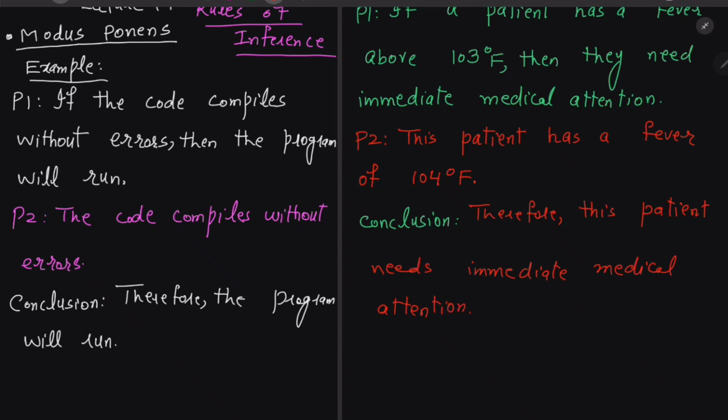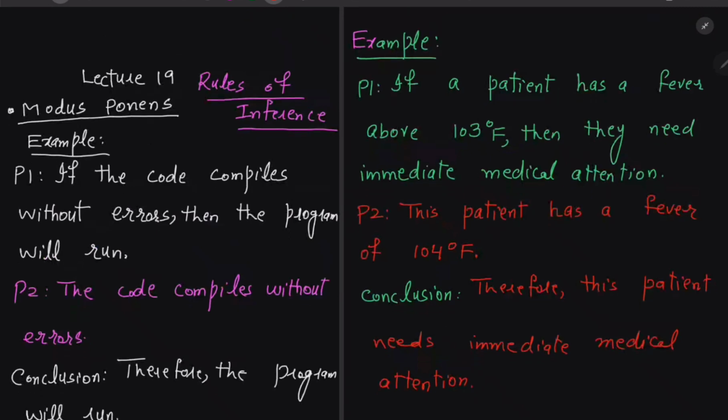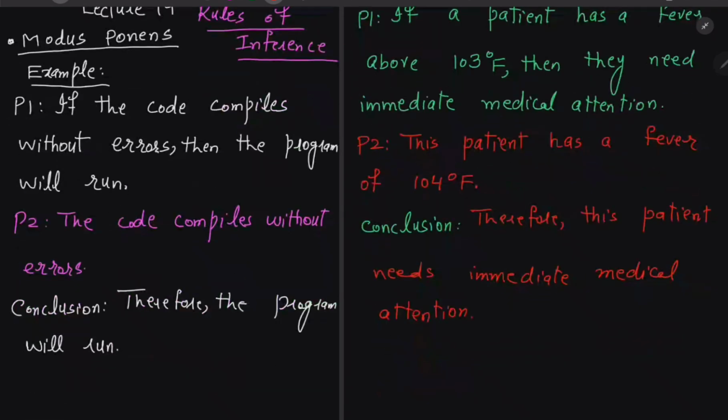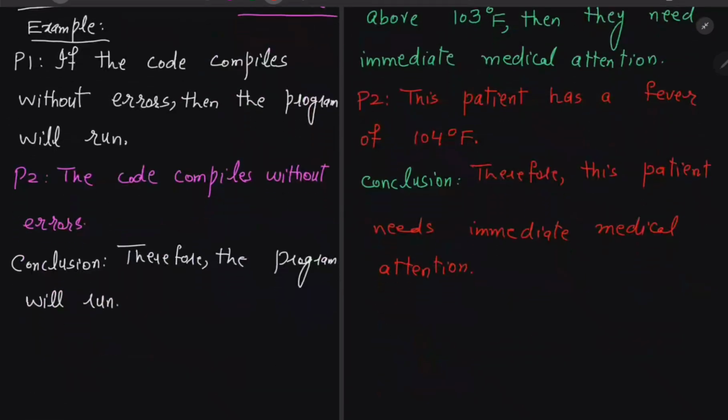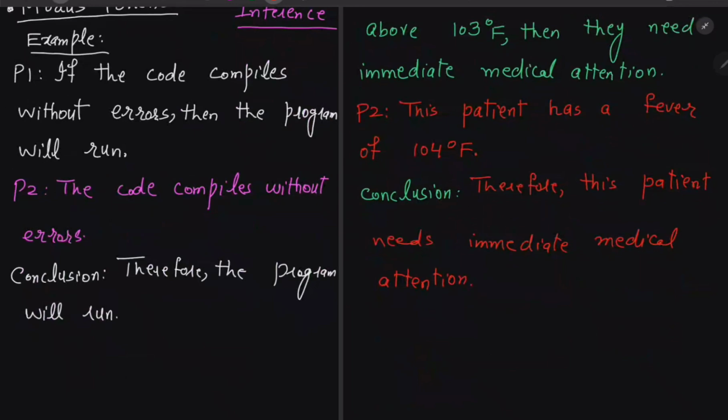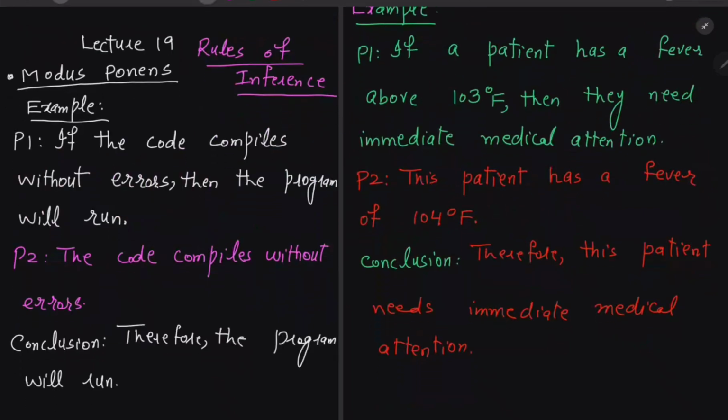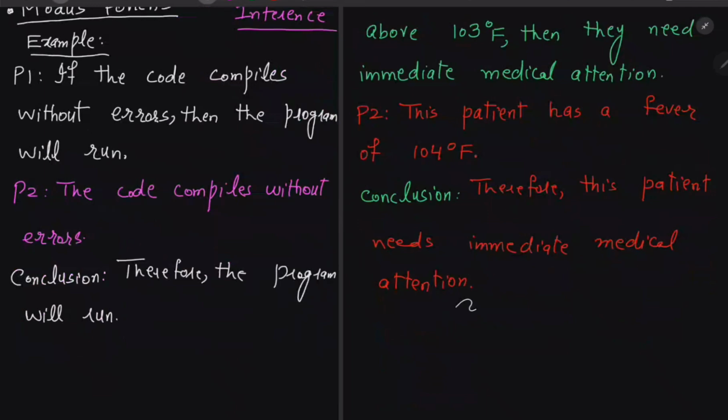Okay, so these are the two examples of modus ponens. Usually you cannot explain modus ponens by examples. You have to write it in the symbolic or mathematical way. So modus ponens starts with: if P then Q. Now I am writing it in the symbolic way.